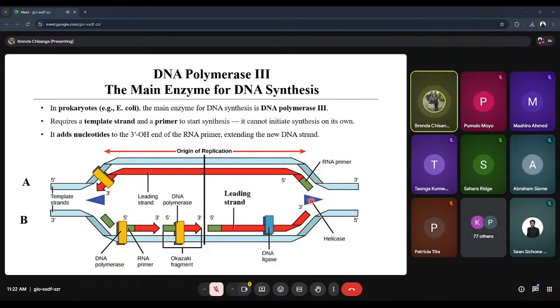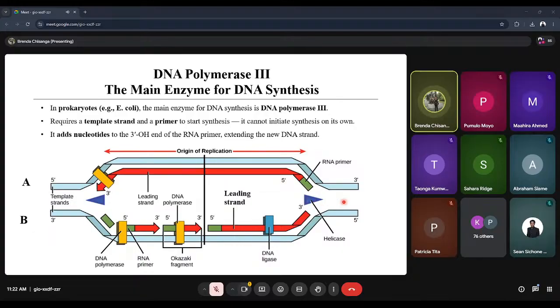And I hope you remember what I said about helicase. The enzyme helicase loads on the strand that is facing the replication fork. That is to say, the helicase moves in the 5' to 3' direction.